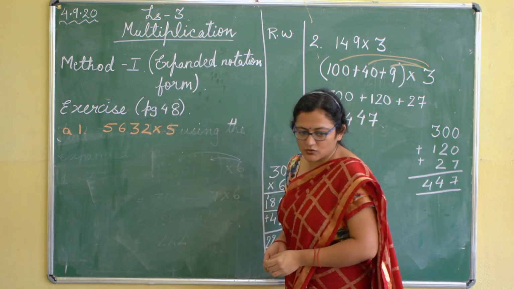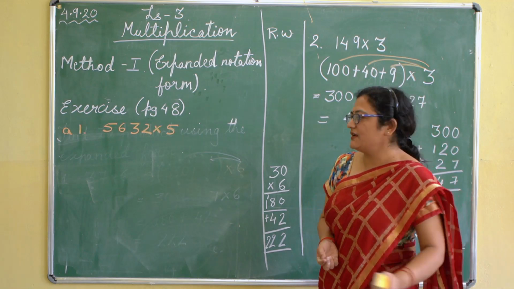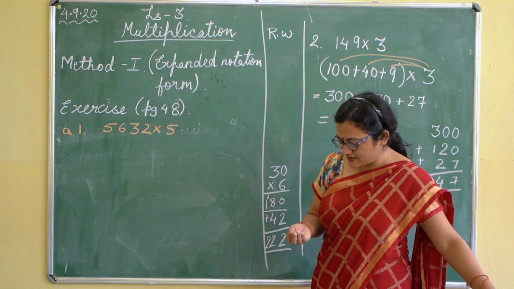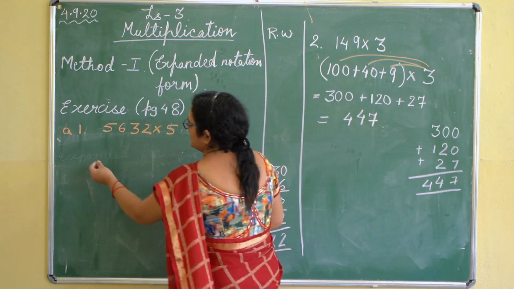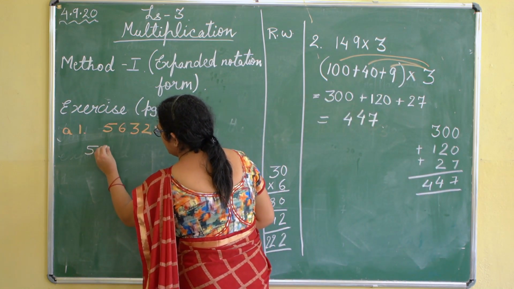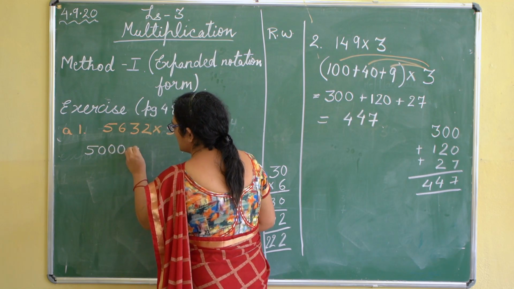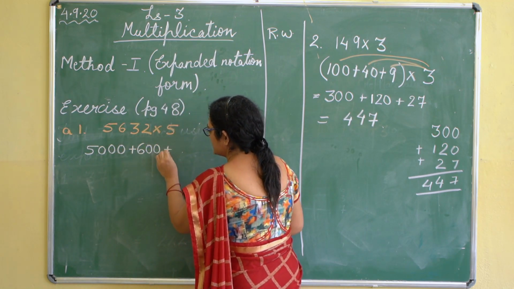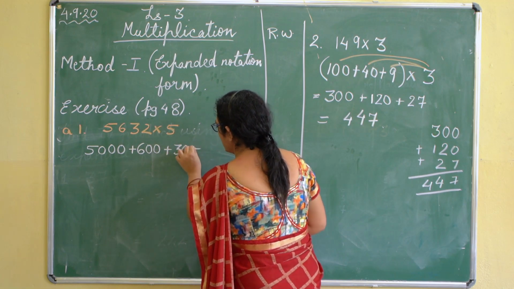Same method we have to use, that is the expanded form. How will we write 5632 in expanded form? Break the number: 5000 plus 600 plus 30 plus 2, multiplied by 5.